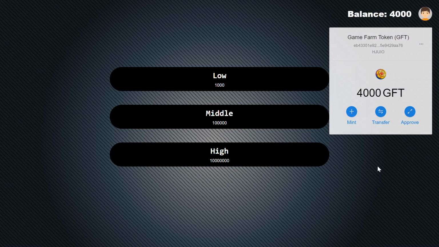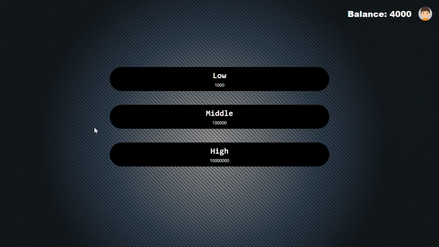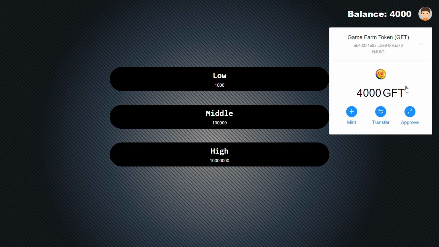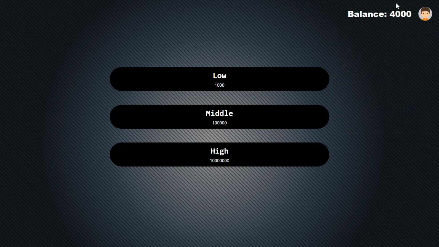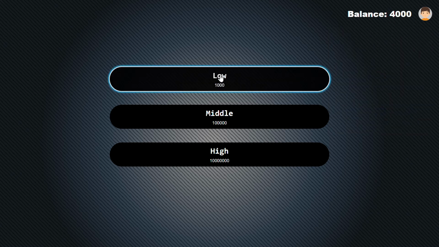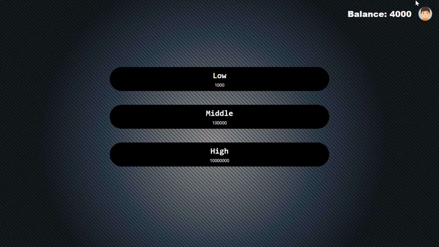Here it's already minted, so I will go directly, because I have 4,000 of these tokens, which, as I showed you, we call GFT, Game Farm Token. In that case, I'm eligible to participate in the low level, because my balance is about 4,000.